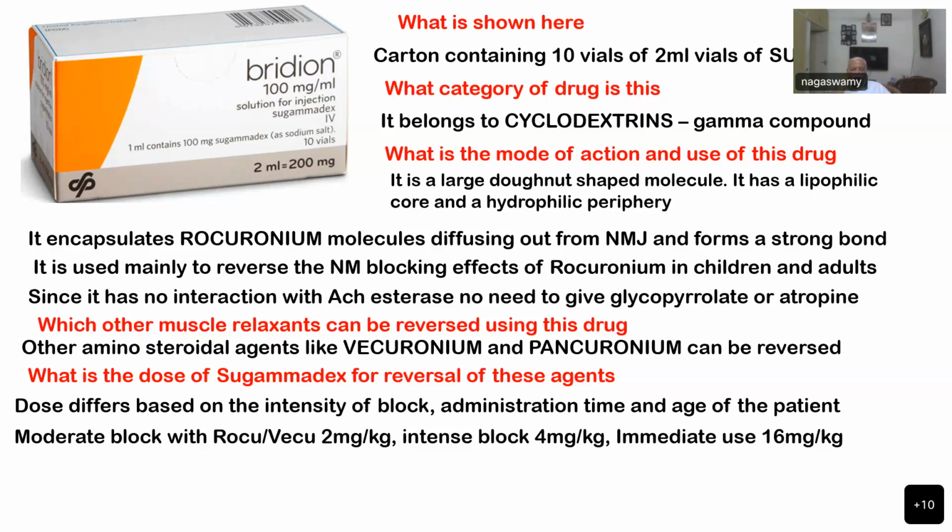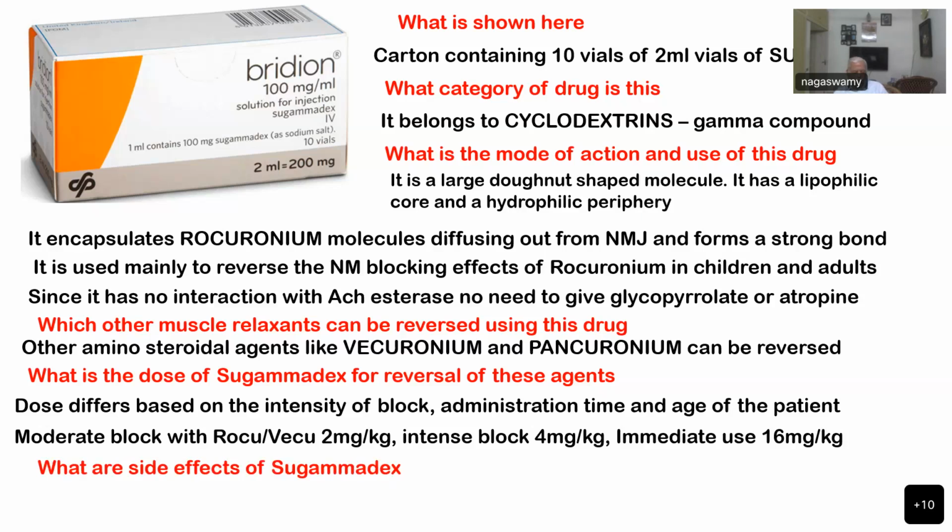And if it is a difficult airway, you have given rocuronium, but you are not able to ventilate or intubate, you want to immediately reverse after administering the rocuronium, then you have to give 16 mg per kg. Okay, so three different situations: moderate block 2 mg, intense block 4 mg, immediate reversal 16 mg per kg.